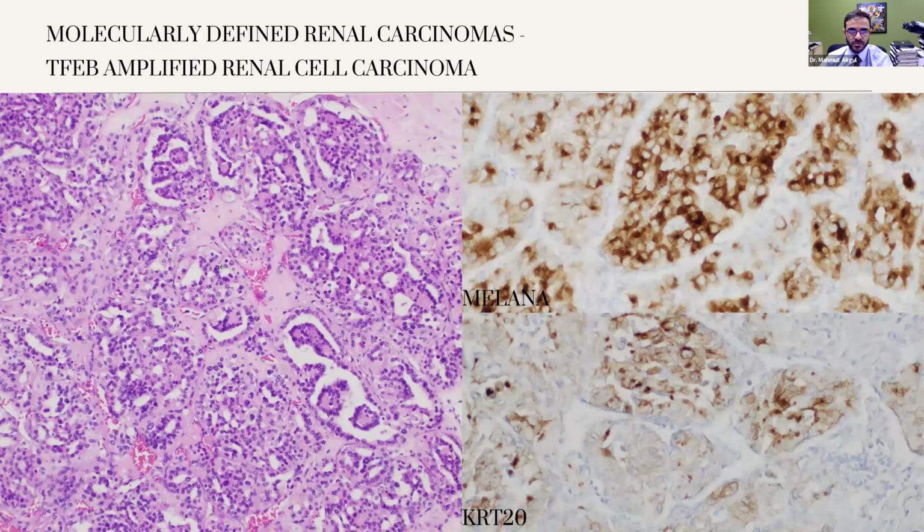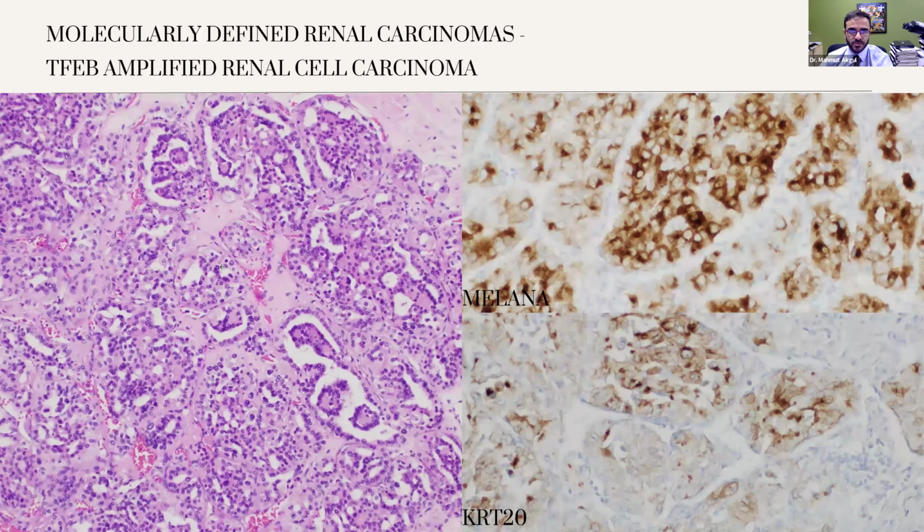Interestingly, keratin 20 is expressed in a subset of TFEB amplified renal cell carcinoma. Another interesting finding, well, amplification should be present, and I think it is diagnostically mandatory to show the amplification.